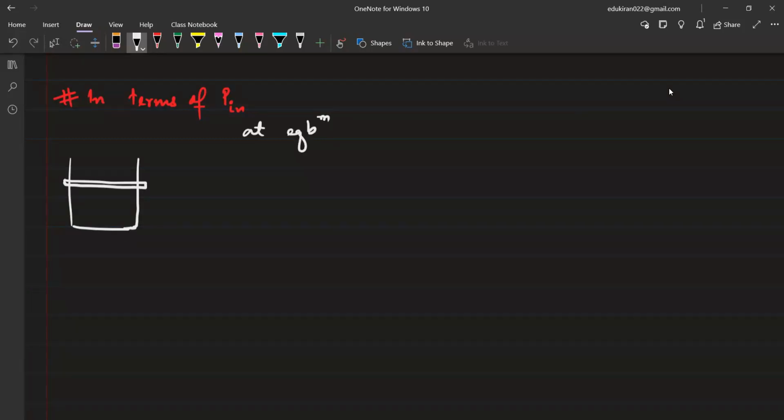When nothing is happening at equilibrium, which is your next chapter, what happens at equilibrium? P external is equal to P internal. No changes are happening. That is why the piston stays in its place. Now let us suppose I drop a grain of sand here. Obviously, what will happen? This grain of sand will exert some kind of pressure.